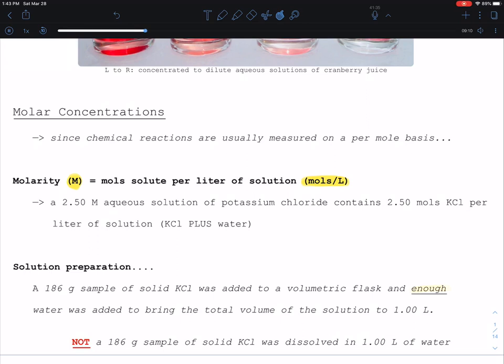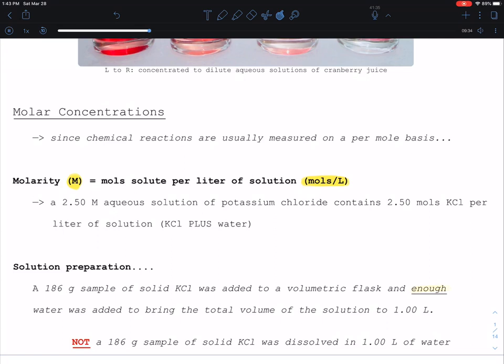So if somebody were to ask you to prepare a solution like this, or a solution in general, you would want to say, I'm going to take, say, 186 grams of solid potassium chloride and add that to a volumetric flask with enough water such that the total volume is brought up to 1.00 liters.